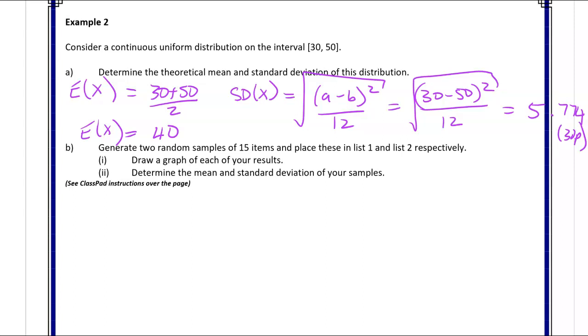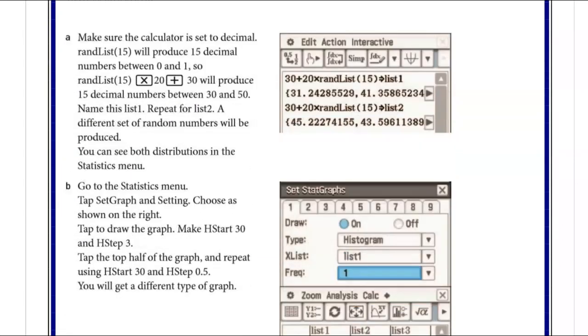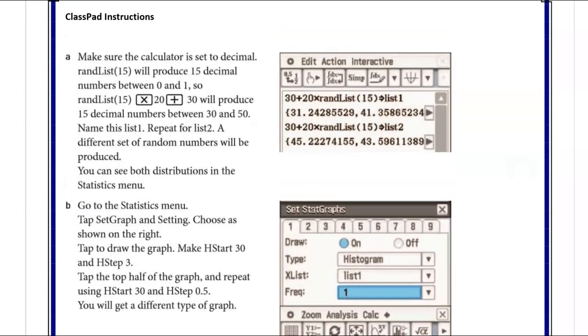Now, as I mentioned, your calculator, when you do RAND, only generates a uniform continuous distribution, but it's between 0 and 1. So to get it between 30 and 50, I have given you some instructions on the next page. It's pretty self-explanatory, and hopefully it makes sense. So you've got 30 as your start point, right? The first number's got to be 30 or somewhere between 30.